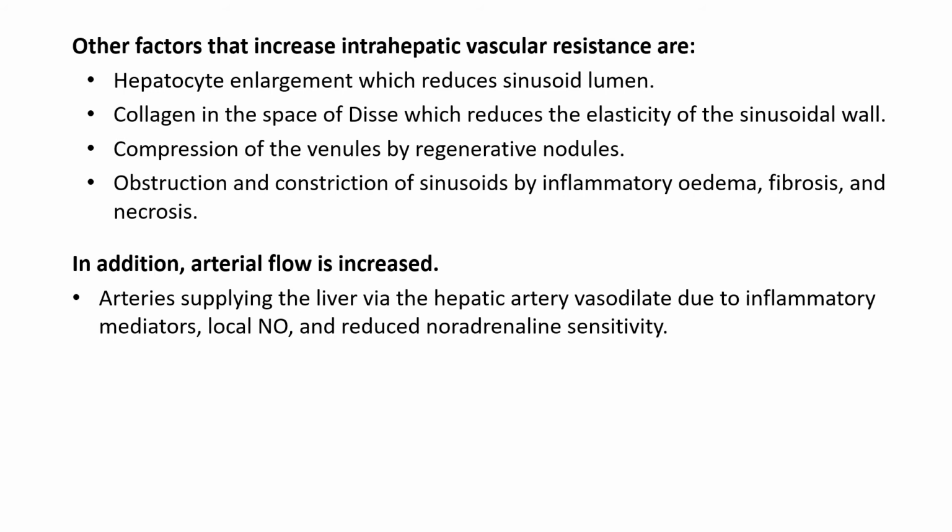This could be inflammatory mediators, it could be local nitric oxide, all trying to reduce the resistance, and also possibly reduce noradrenaline sensitivity. Remember, we talked about decompensation in heart failure. If you release too much noradrenaline, often what happens is cells will take down some of their adrenoreceptors to reduce the sensitivity to this excess noradrenaline.